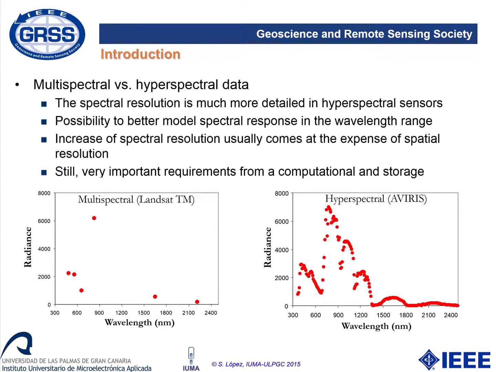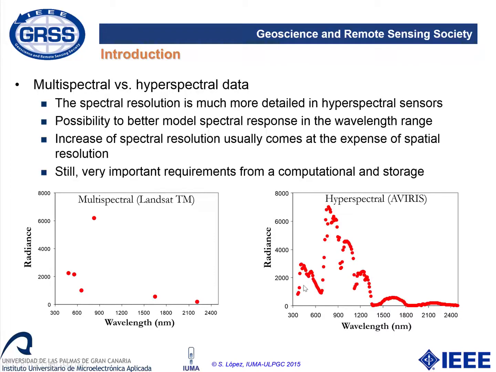Well, in case we have optical remote sensors, one way of classifying the images that we get is in terms of the spectral information that they carry. And in this sense, what we know is that in hyperspectral sensors, the spectral resolution is much more detailed than in multispectral sensors. We can see this concept in this slide, where you can see the multispectral data collected by a multispectral sensor, particularly on Landsat, where we are only getting 6 points, six wavelengths.